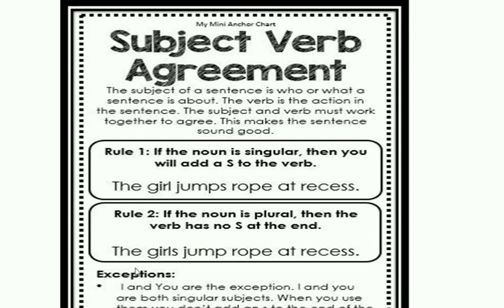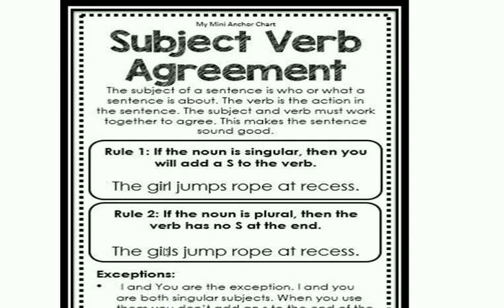Here, exceptions. I and you are the exceptions. I and you are both singular subjects. So when we use them, you don't add an s to the verb, right? So when we use I and you in the subject verb agreement, we don't use s.